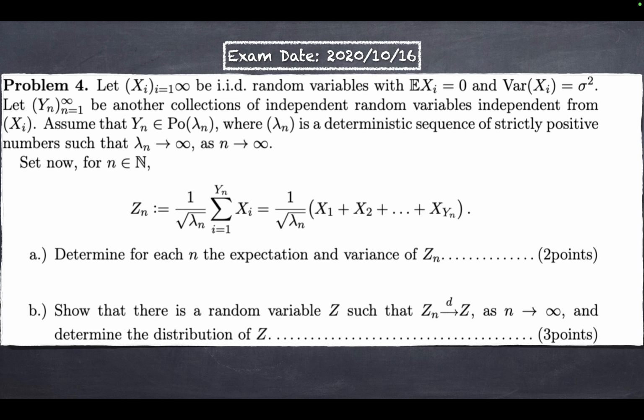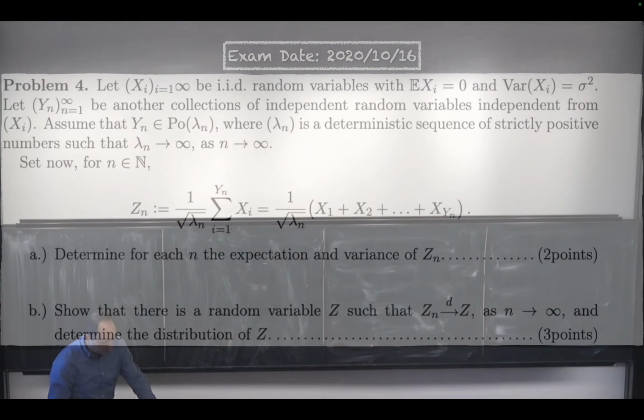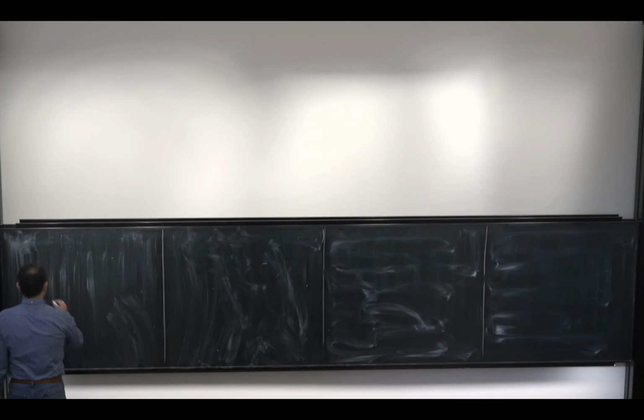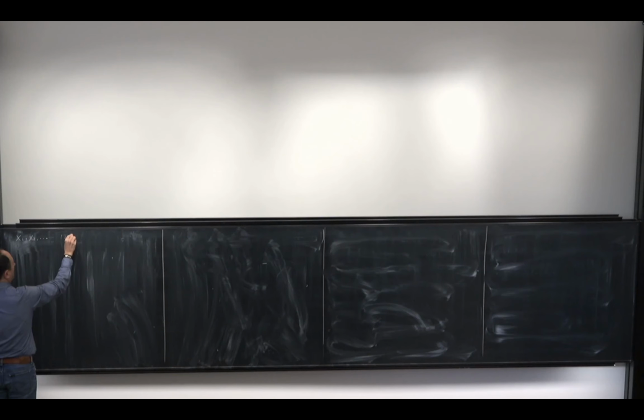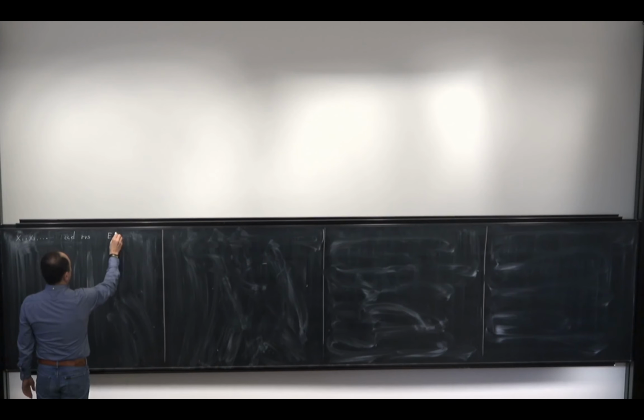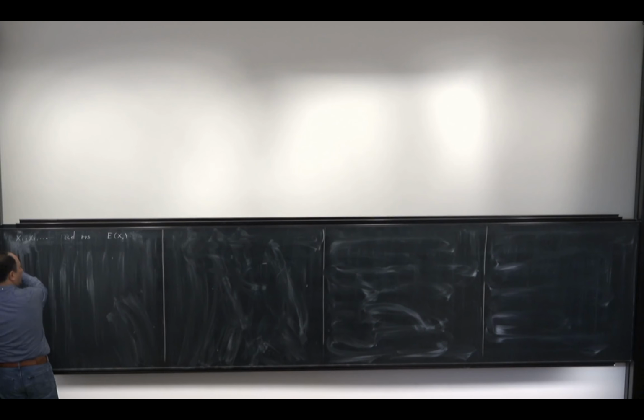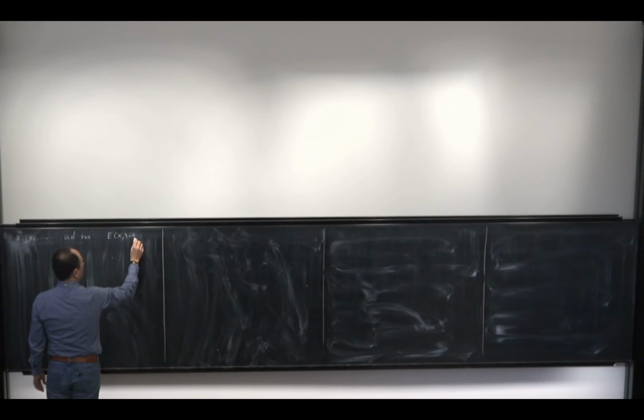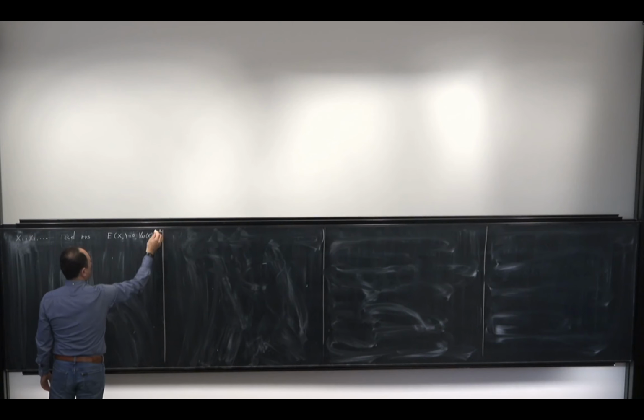If I want to summarize a little bit, we have a sequence X1, X2, these are IID random variables. We don't know their distribution, but we know that E of X1, and because they are identically distributed, all of them, is 0. And the variance of, for example, one of them is sigma squared, meaning all of them.